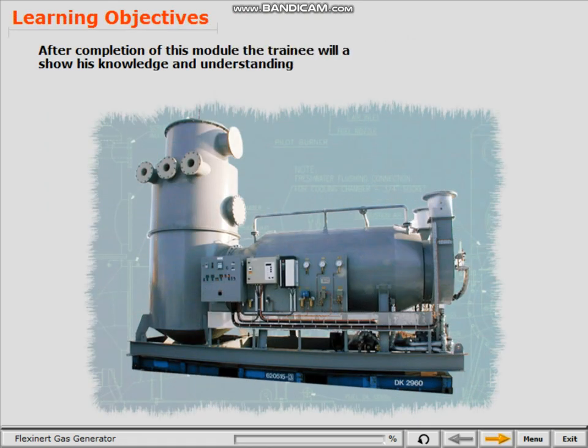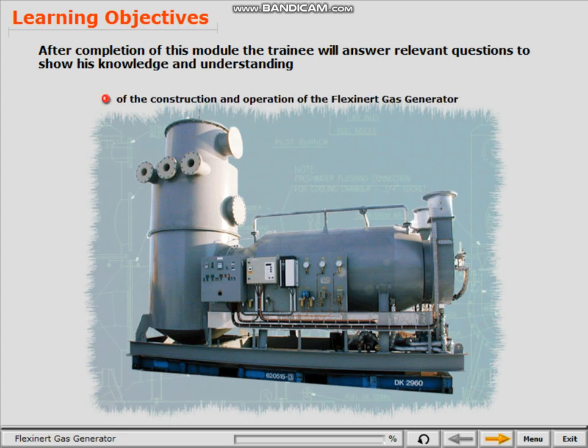After completion of this module, the trainee will answer relevant questions to show his knowledge and understanding of the construction and operation of the Flex Inert Gas Generator. This module would take approximately 60 minutes.